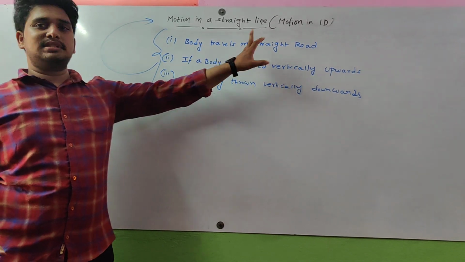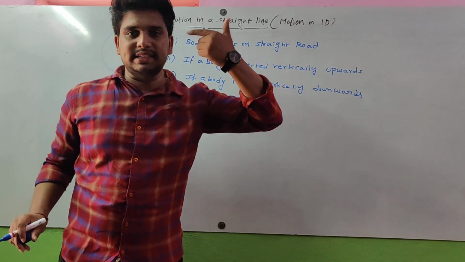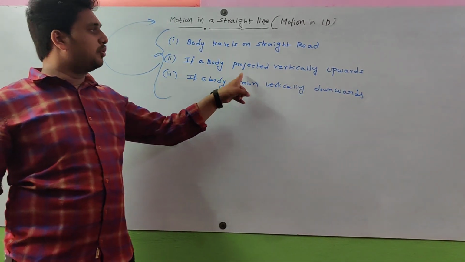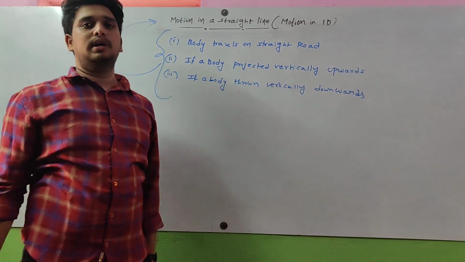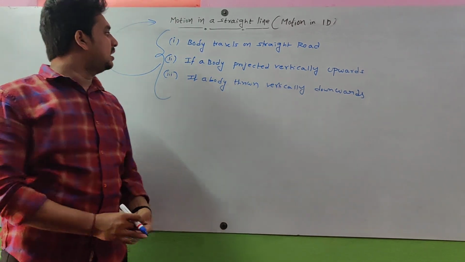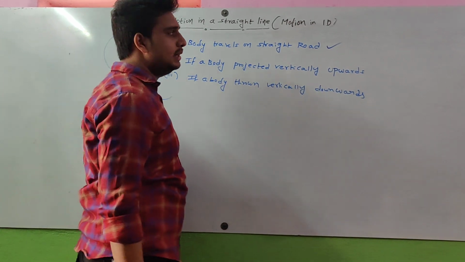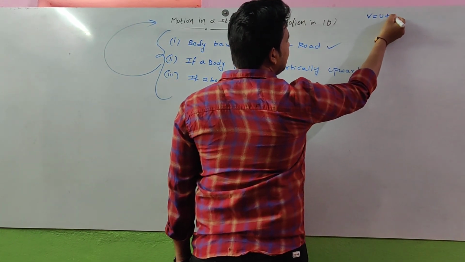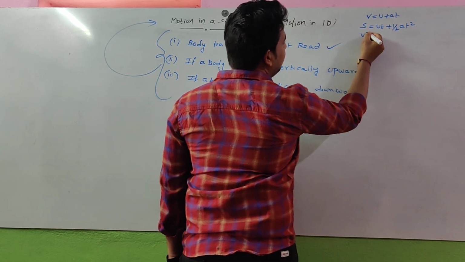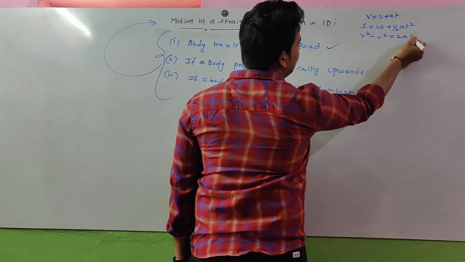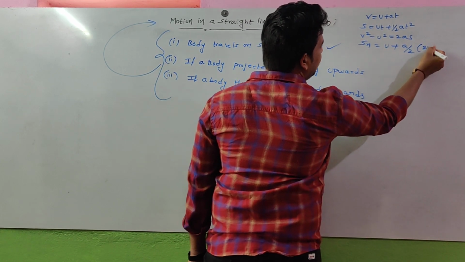A body travelling on a straight road is an example of straight line motion. A body projected vertically upward or vertically downward is also an example of motion in a straight line. Here we discuss four equations: v = u + at, s = ut + half at square, v square minus u square = 2as, and s_n = u + a by 2 into (2n minus 1).